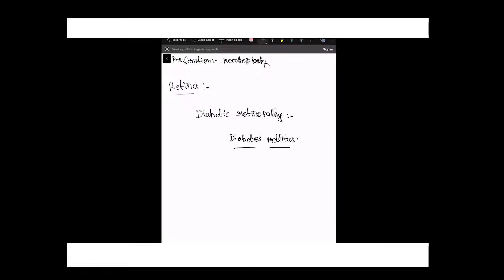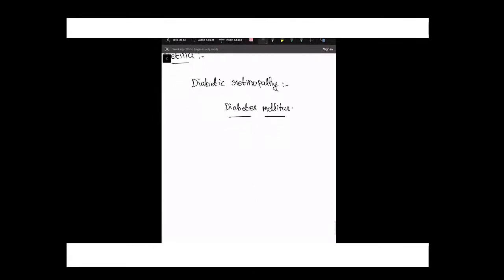Most common cause is going to be our diabetes mellitus. Risk factors: duration of diabetes is going to be the most important prognostic factor.